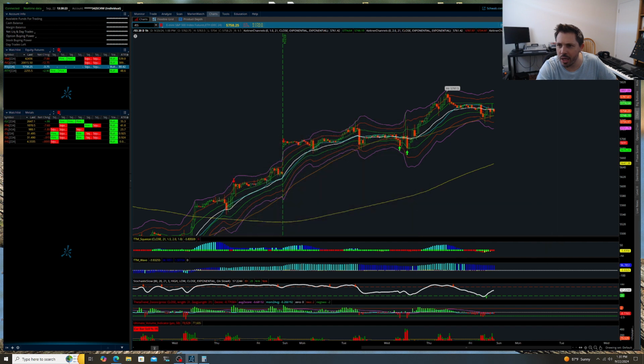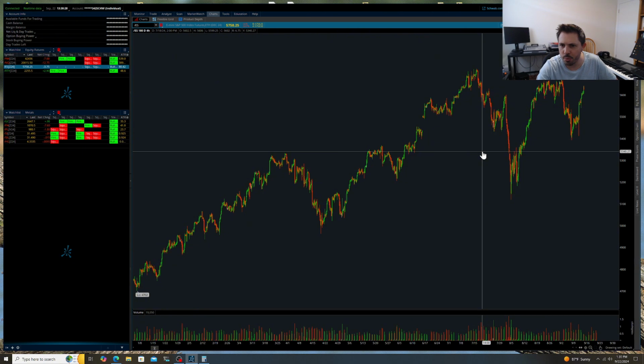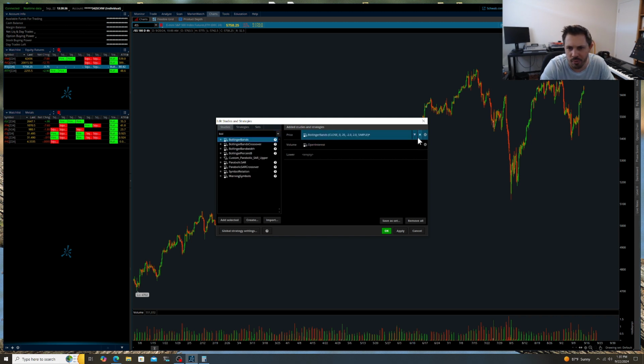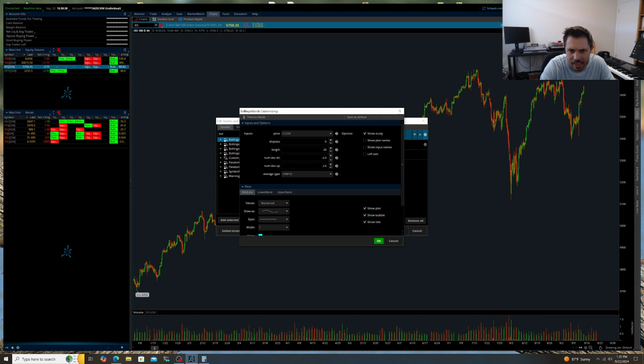There's another way to look at this. If I just pull up a default chart here and come to edit studies, you could also use Bollinger Bands, right? If I edit this, I want my length to be 21, and then the deviation down and deviation up, let's say that we set these to 3, right?